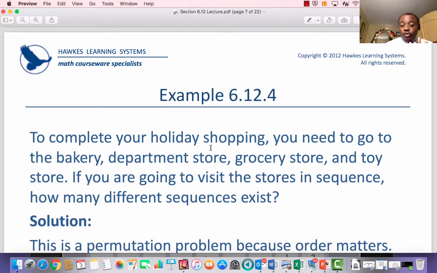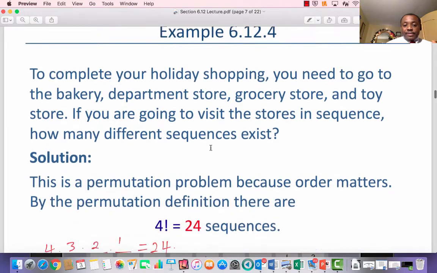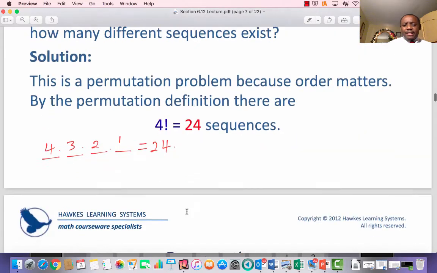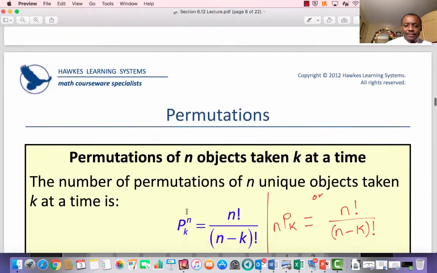There are 4 ways to go to the first store, 3 to the next, 2, and 1. So that would just be 4 times 3 times 2 times 1, 24 ways to visit all 4 stores in a sequence. Again, kind of a boring example. So let's look at something that is even more exciting.